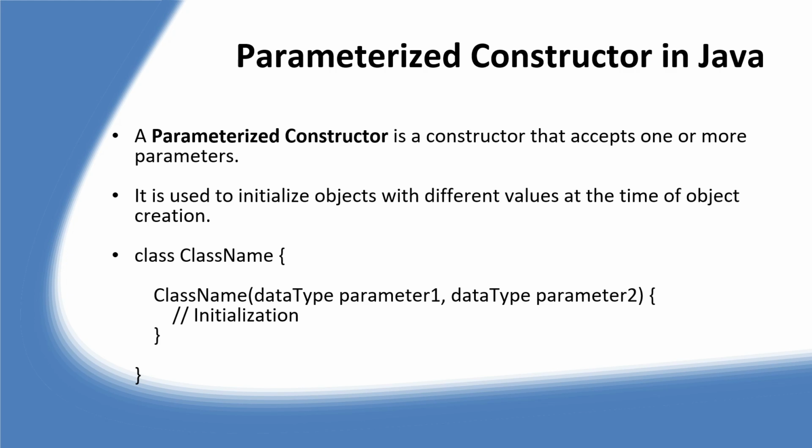So let's get started. The first question is, what is a parameterized constructor? Unlike a default constructor, a parameterized constructor receives values when an object is created. These values are called parameters. Here in the class example, we can see these are the parameters.